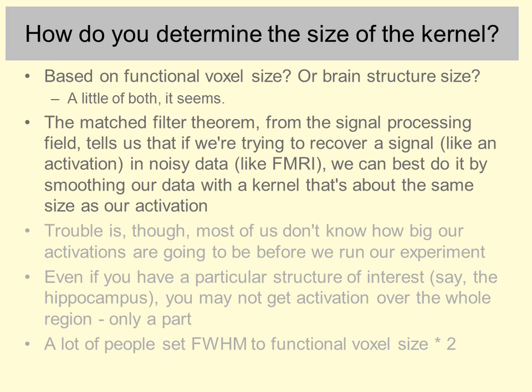Of course, often we don't know how big our activations are going to be before we run our experiment, so then we wouldn't be able to use that criteria, or if we did, it would be somewhat post hoc. It would involve running the experimental analysis once just to find the activations, and then running the analysis of the data again with a different smoothing kernel.